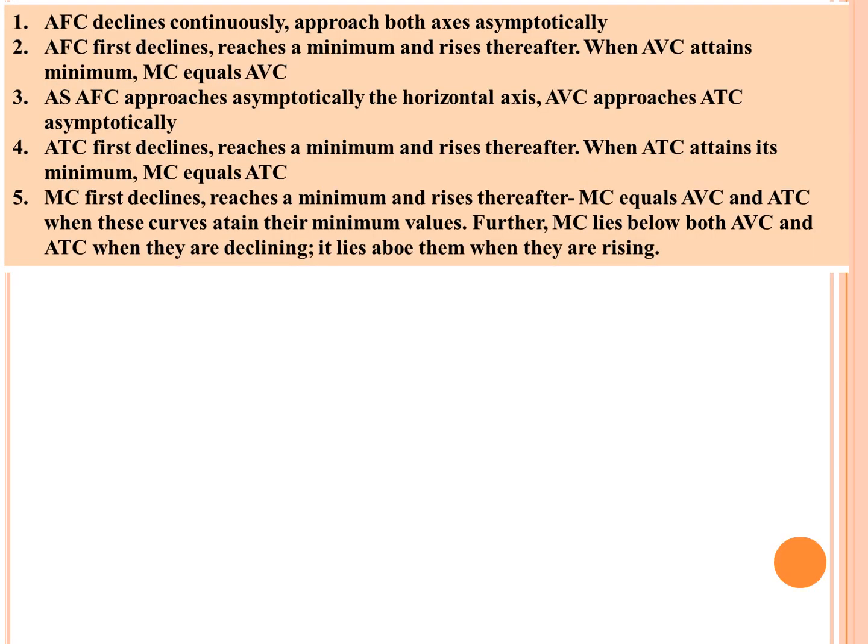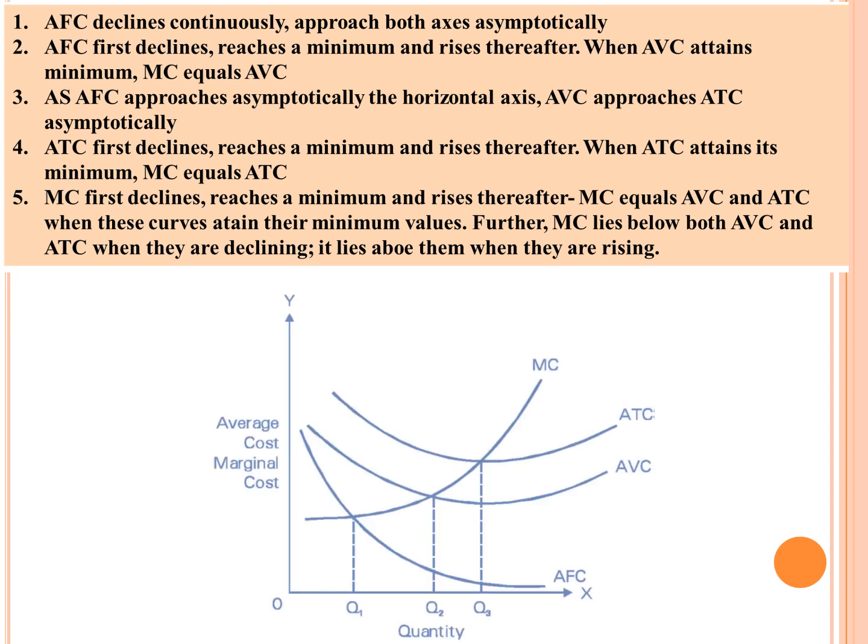Here I have described everything in connection to the following graphs. In the previous slide, I highlighted that total fixed cost remains constant, and as the quantity of production increases, average fixed cost declines continuously, and at the maximum quantity of production, it approaches both the axes, the y-axis and the x-axis, asymptotically.